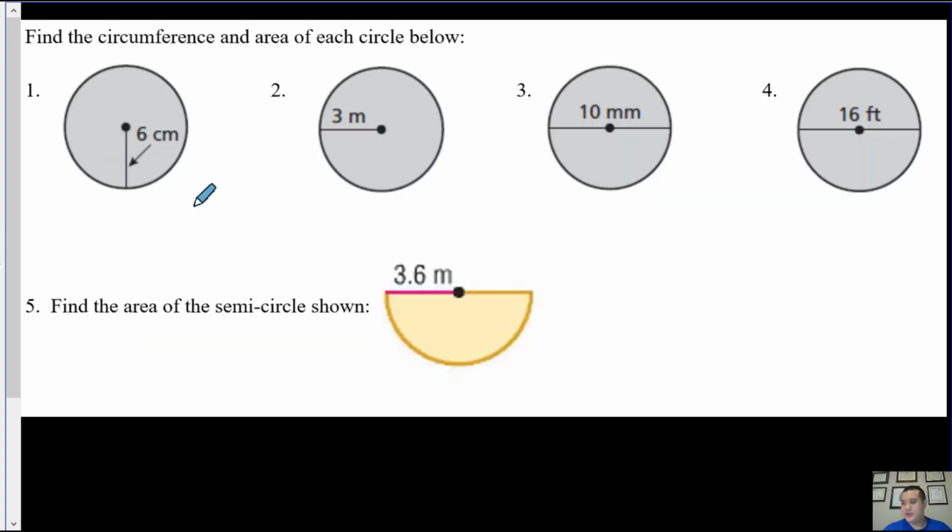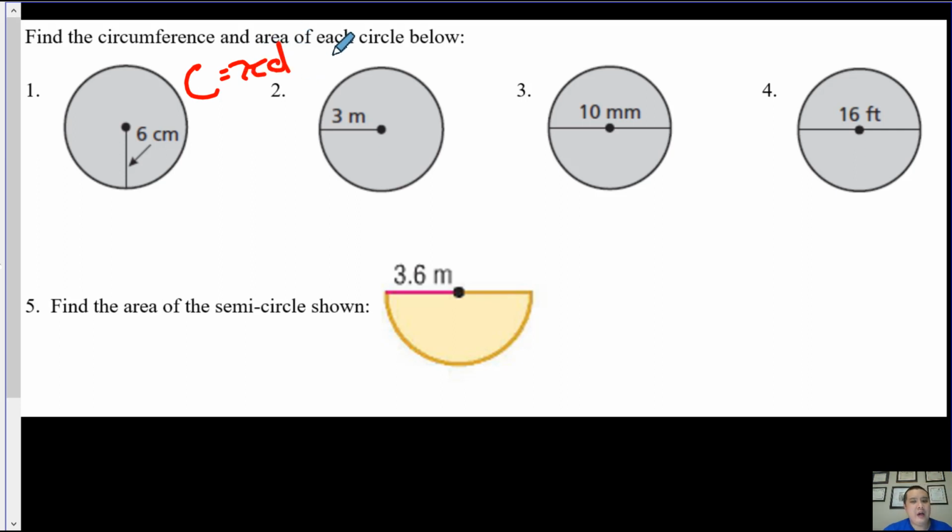Here we're going to use the different formulas to find the circumference and area of each of the circles below. So let's start with number 1. We're going to remember that the formula for the circumference is cherry pie delicious. So circumference equals pi times d.